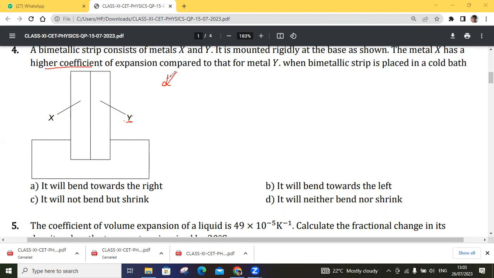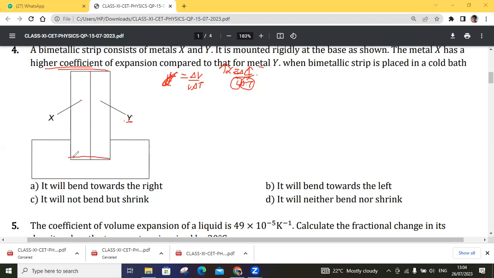Alpha is equal to delta L by L delta T. For the same delta T and same initial length for both, delta L will be more for X. Here delta L is compression, so X will compress more and Y will compress the least.